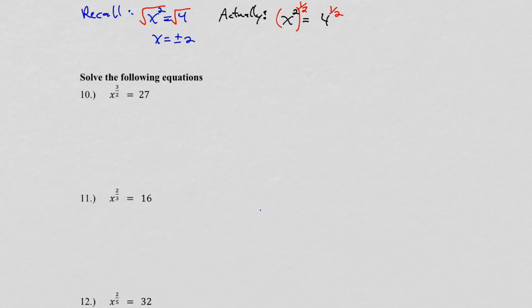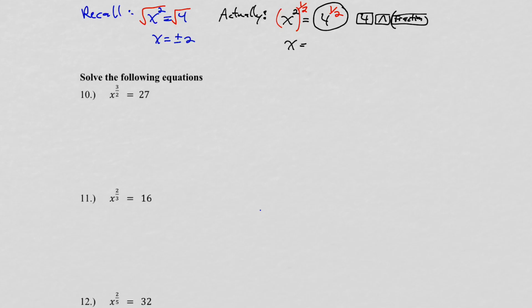So if you put in your calculator this right here, you may have to type in 4 caret, and you may have to type in a fraction button, whatever that looks like for you.